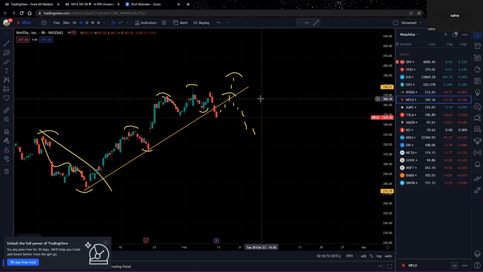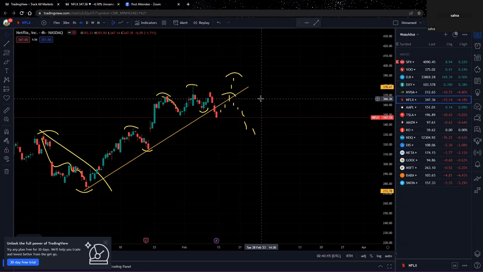Think of confirmation like this: the Bulls got two men on base, and with this third, the lower high, that would be the home run right there.